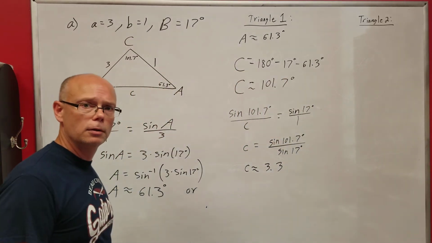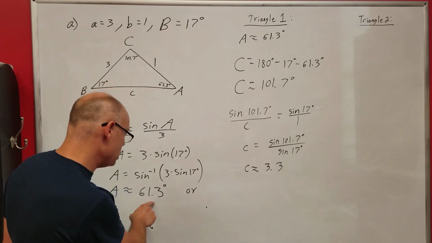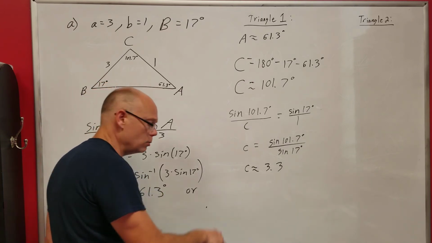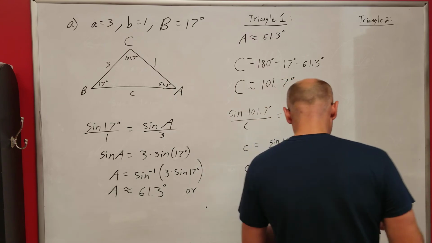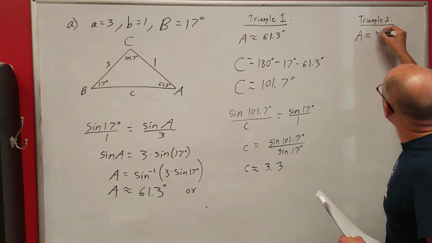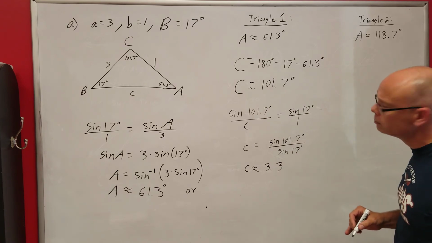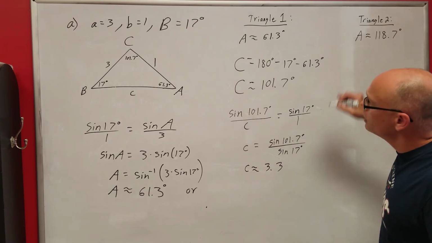What about the second possible triangle? What did we say? A could be 61.3 or A could be what? We had 118.7, right? So A could be 118.7 degrees.